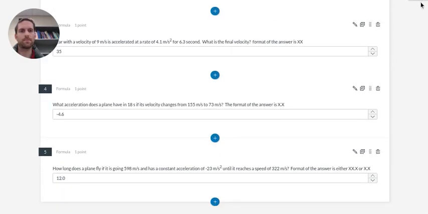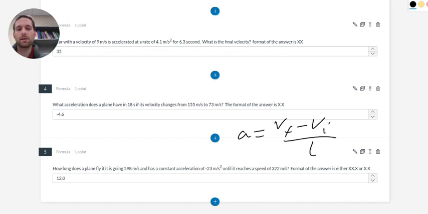So last one. We want to know the time if we have all these values. So I'm going to use that equation again. A equals V final minus V initial over time. And I'm going to plug in what all my values are. So A is constant acceleration, negative 23, equals, that's our initial, till it reaches that final, 322.